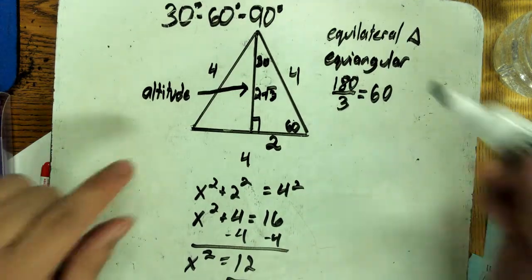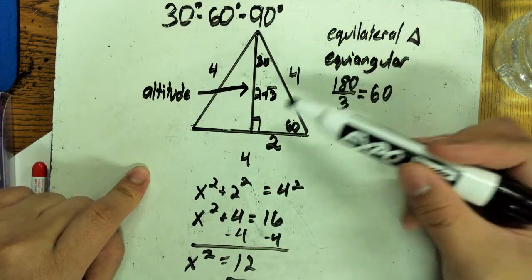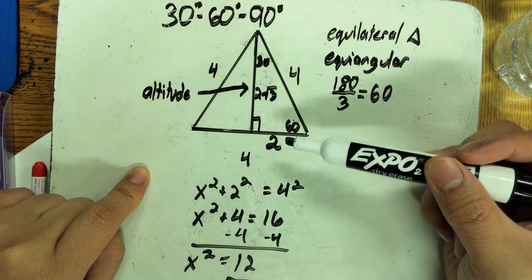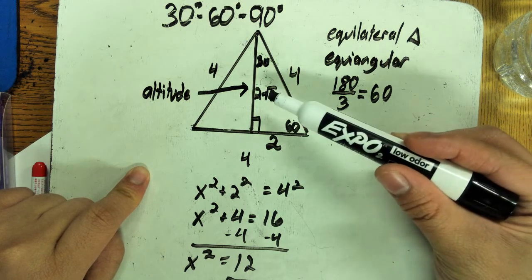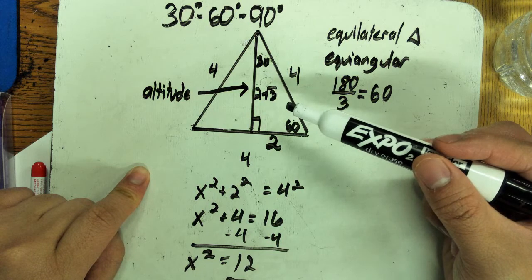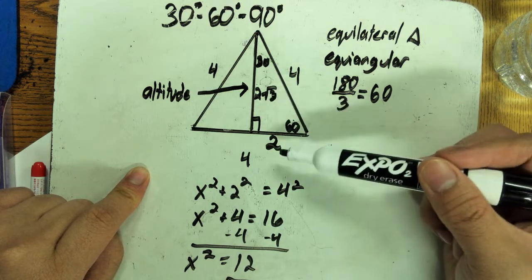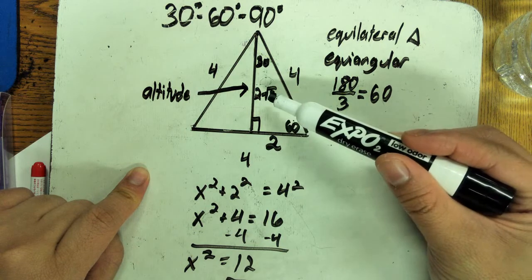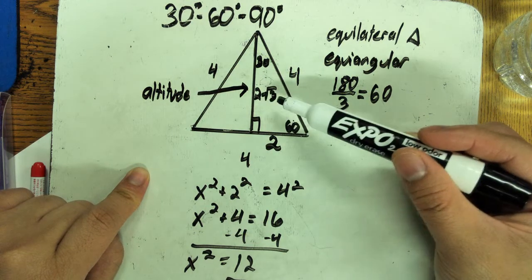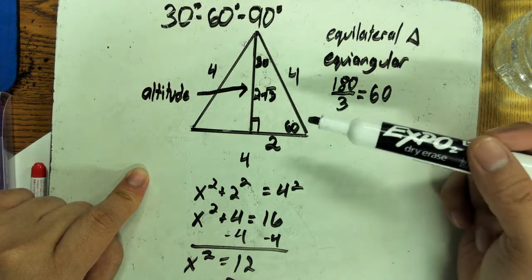Now look at the relationship between this bottom side and the altitude. From the bottom side to the altitude, what's different? The square root 3 here is what's different. We got 2 multiplied by square root 3 to get the altitude. And that is a pattern in a 30, 60, 90 triangle.